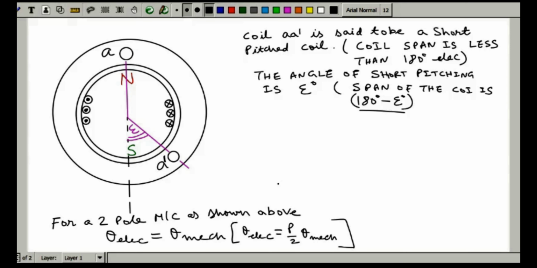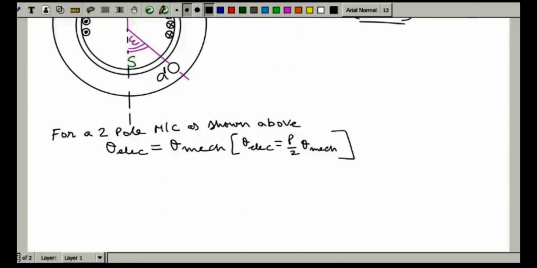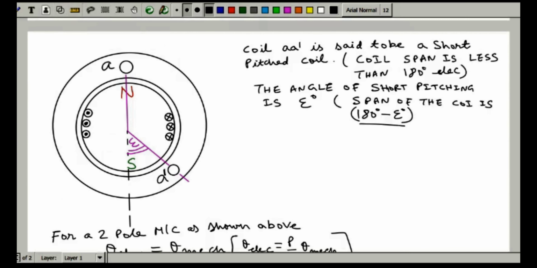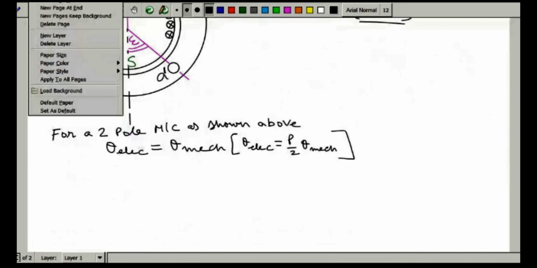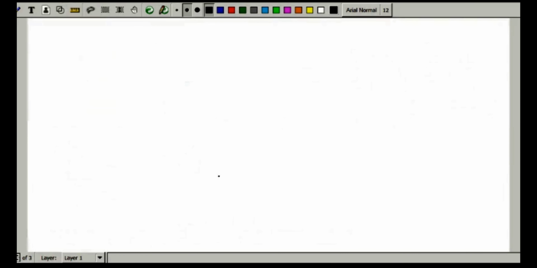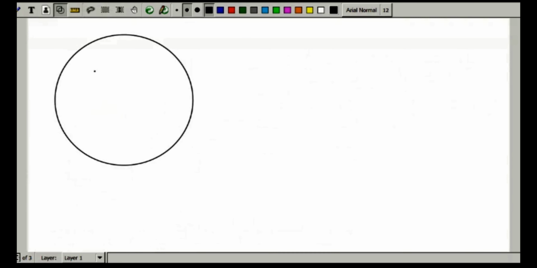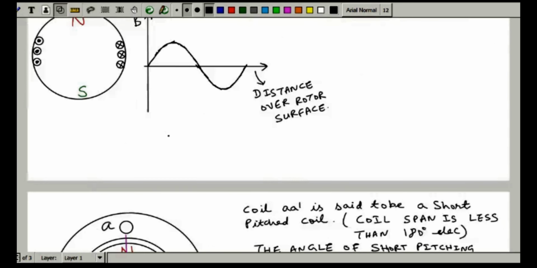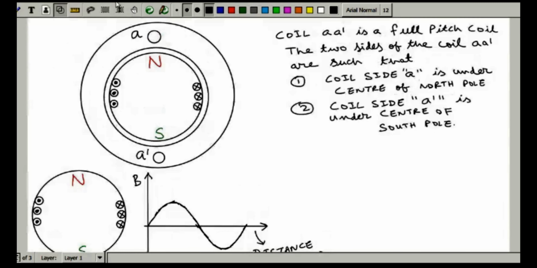I mean to say, why or from where is the harmonic MMF coming? Let me give you some idea. Let me copy it from here.